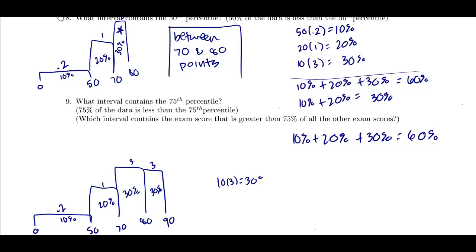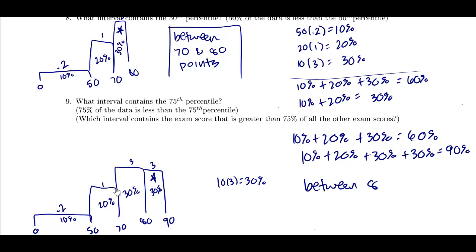So let's add that one on. 10% plus 20% plus 30% plus 30% gives me 90%. So 60% is too low, 90% is too high, so that means I would have hit my 75th percentile somewhere in that interval. So it's between 80 and 90 points.